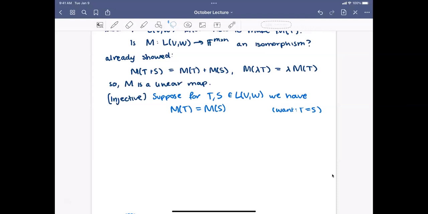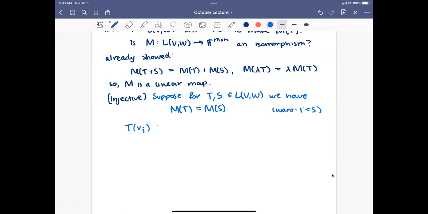Okay, so since we know that these two matrices, M of T and M of S, are the same, we have a way to say what these linear maps do to a basis, right? Our basis for V is the v sub i's.